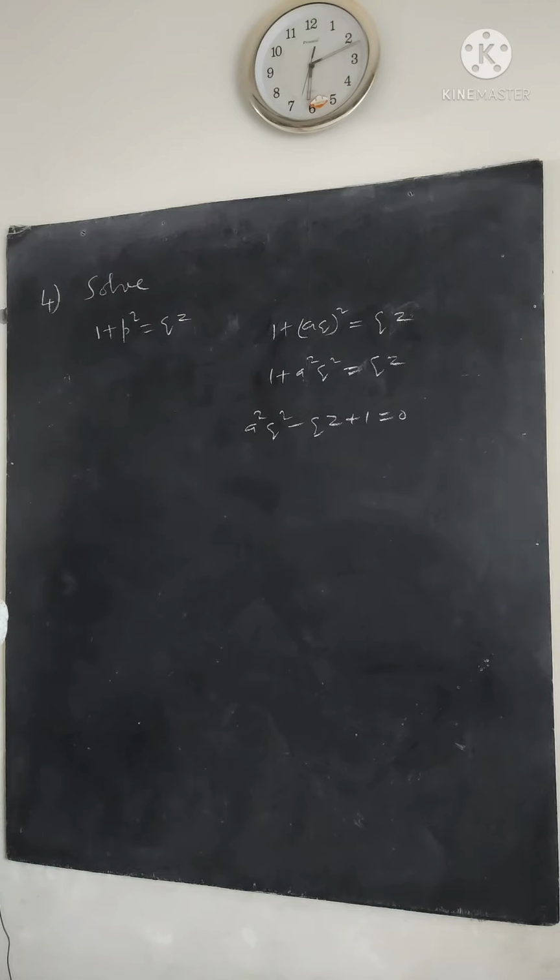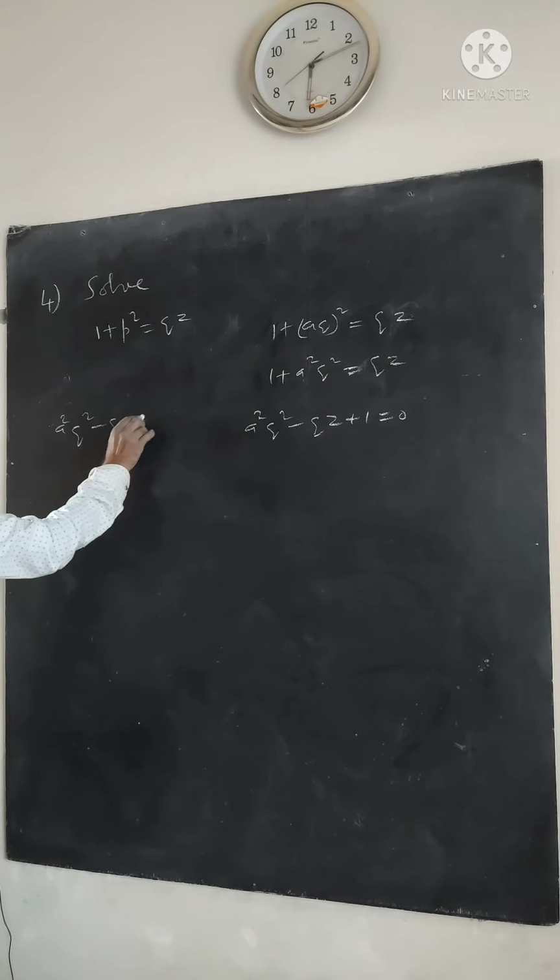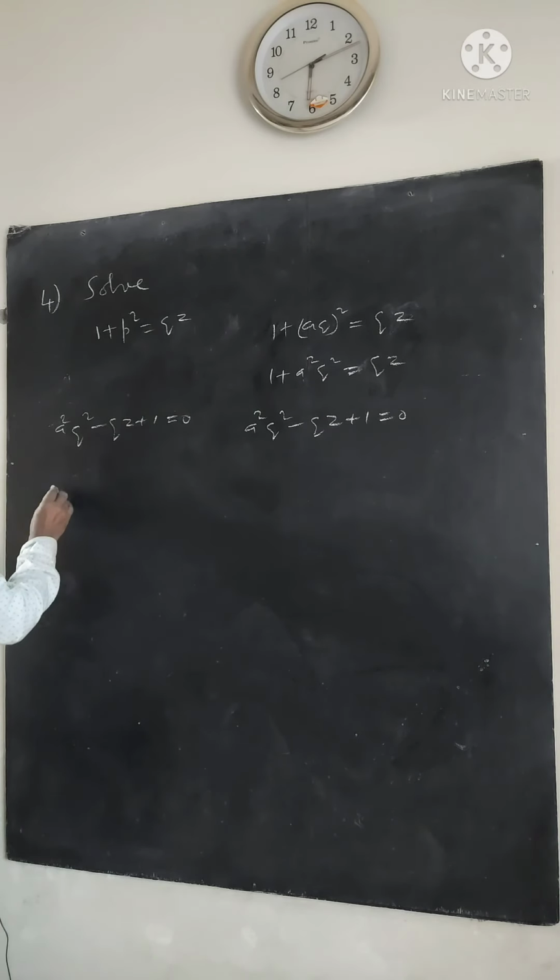This is quadratic in q. a square q square minus qz plus 1 equal to 0.